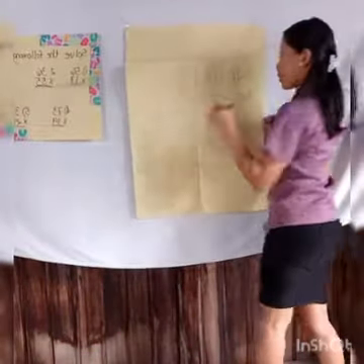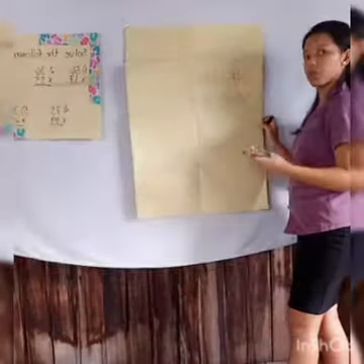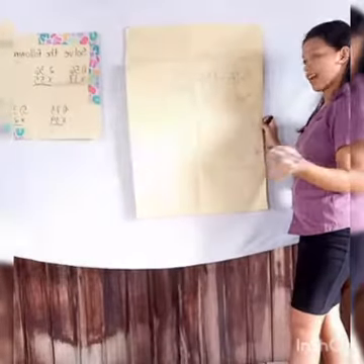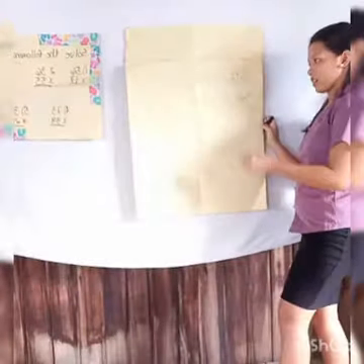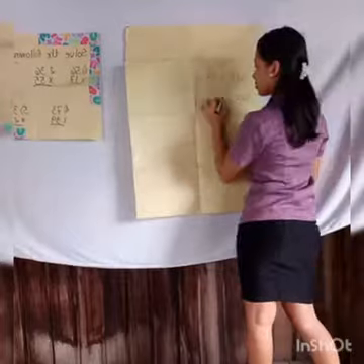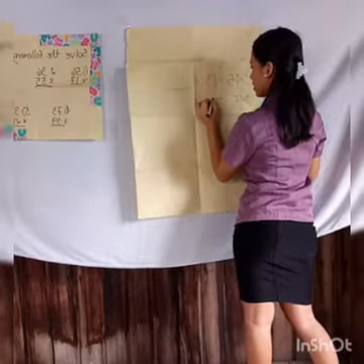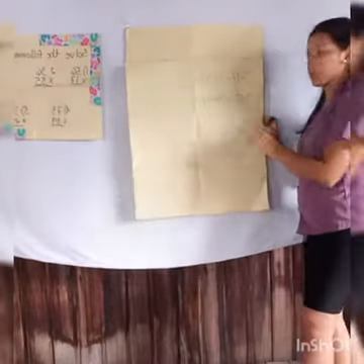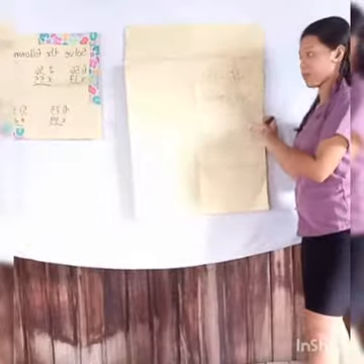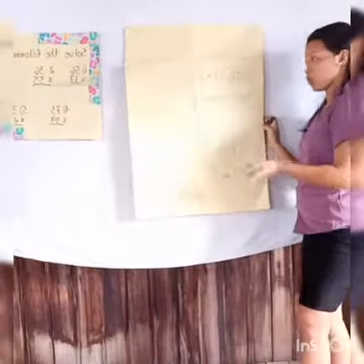In the hundreds place, it is 3, so it will be 300. That's how we express numbers in expanded form.